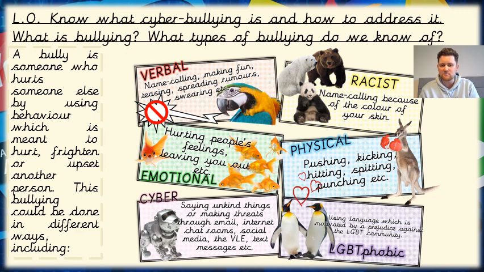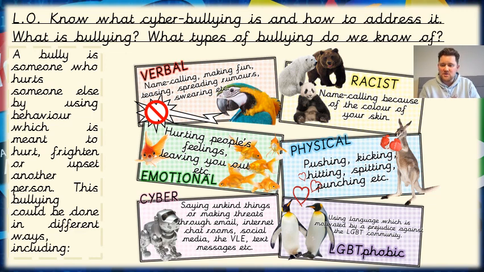because they have a different accent to you. We have emotional bullying, which means hurting people's feelings, leaving people out, whispering and letting people know that they're excluded. Bullying can be physical, pushing, kicking, hitting, spitting, punching.